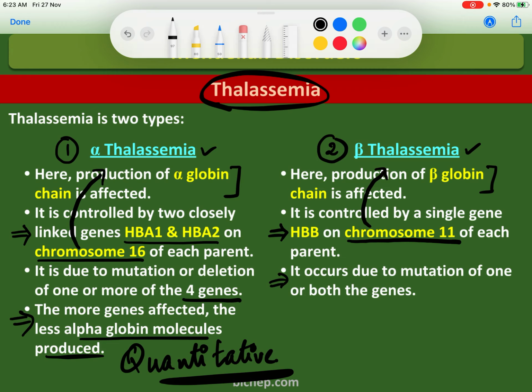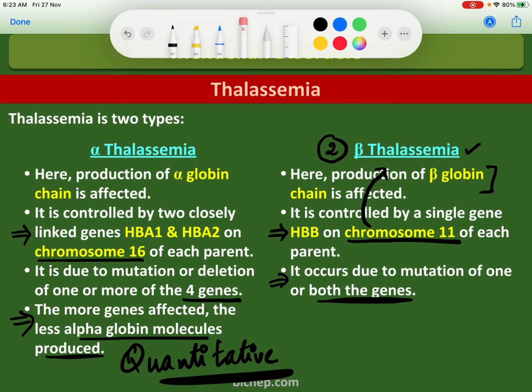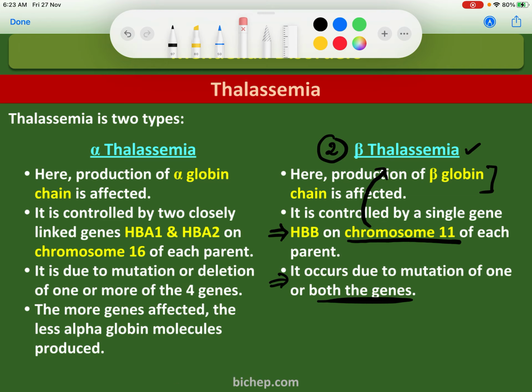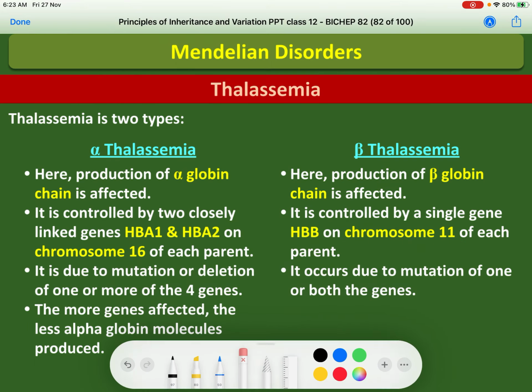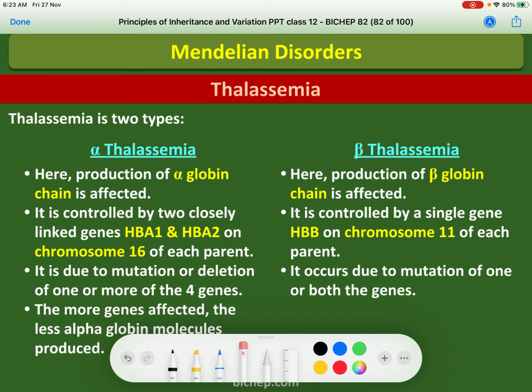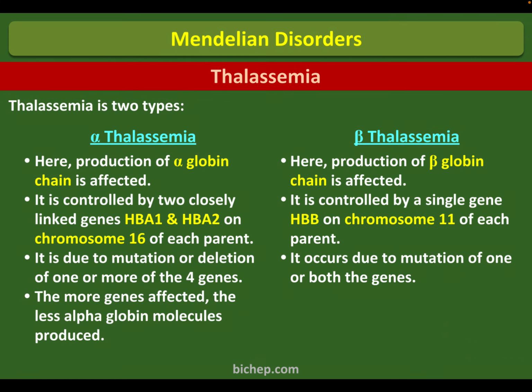Beta thalassemia occurs due to the mutation of one or both of the genes, so 1 or 2, again quantitative. So thalassemia occurs due to either HbA or HbB gene mutation, and accordingly they are termed as either alpha thalassemia or beta thalassemia. Please take the screenshot of the slide.